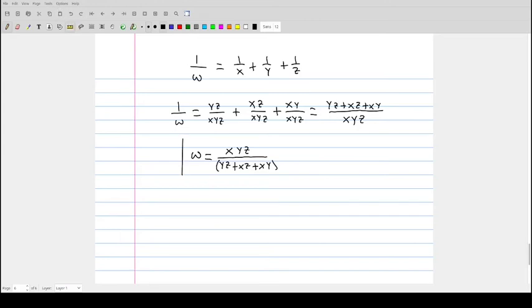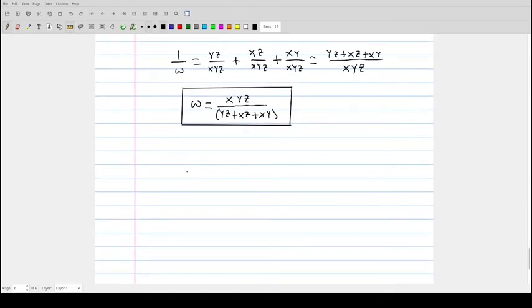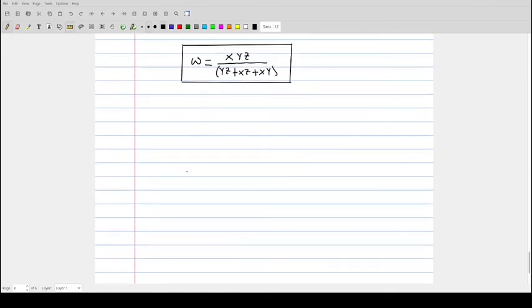This is the longer method of getting the rate of change of the equivalent resistance. But if you solve for the equivalent resistance in terms of resistor 1, 2, and 3, which I've done right here, to calculate any one of the partial derivatives, say like dw dx, you can just use the normal derivative laws that you know from calculus 1. Say the partial derivative of this expression with respect to x, I'm going to use the quotient rule here.